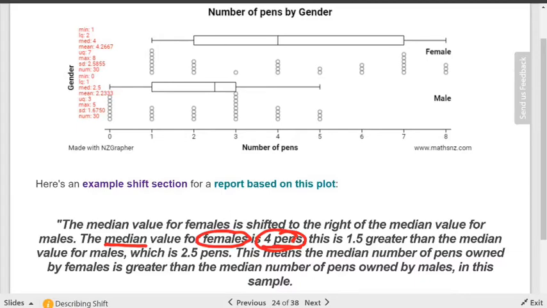So if we were in the blueberries, the median value for Jenkins is 10 blueberries. These are not difficult to pull, but you've got to make sure you get all the information. This is 1.5 greater than the median value for males, which is 2.5 pens.